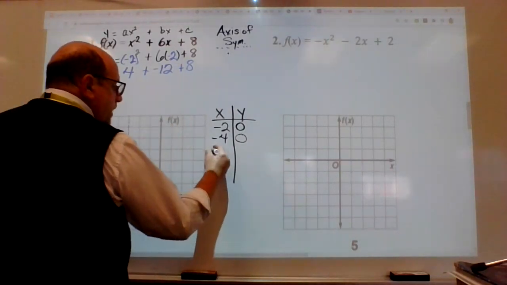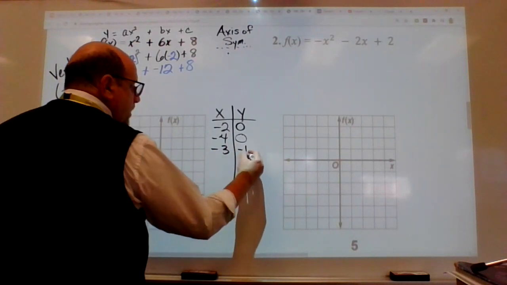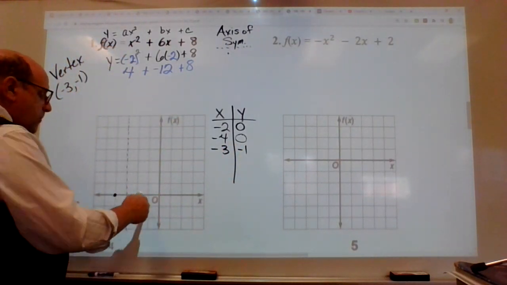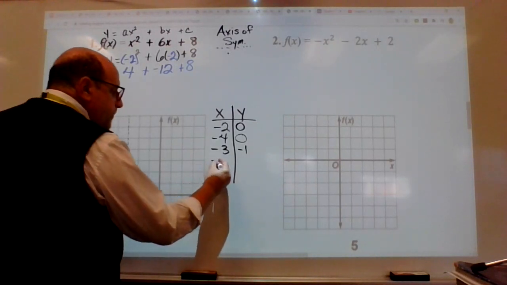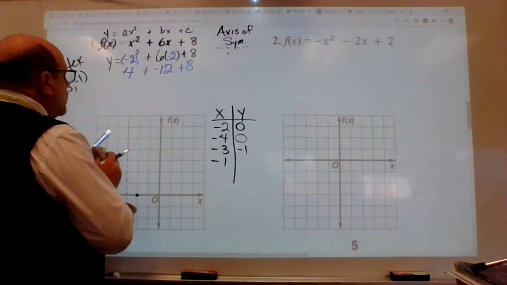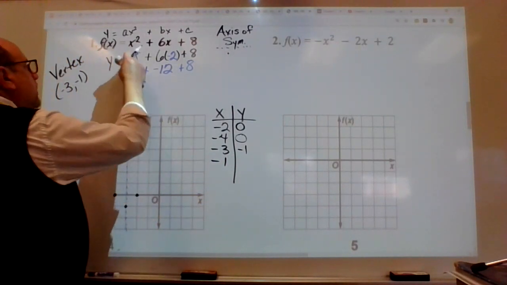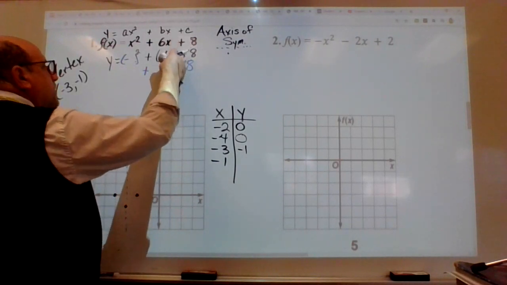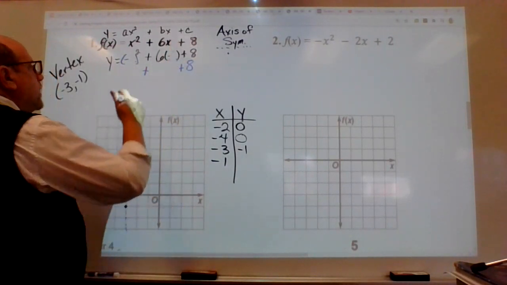We already know that -3 is equal to -1. We already did that work. We could have put that first on our list. I'm going to go to -1, and I'm going to see what that is, which means all I have to do is erase that, and erase that, and we'll put in a -1.